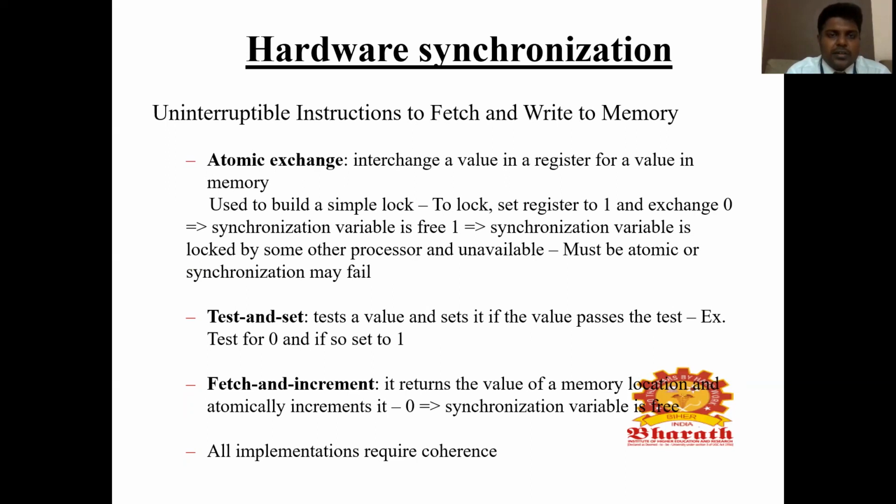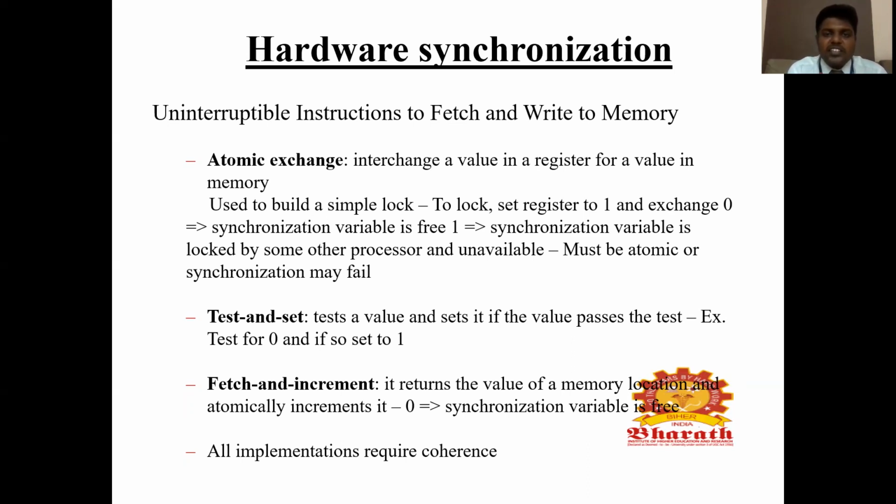An uninterruptible instruction to fetch and write to memory should be implemented in three ways. One is atomic exchange, another one is test and set, another one is fetch and increment. Atomic exchange interchanges a value in a register for a value in memory.